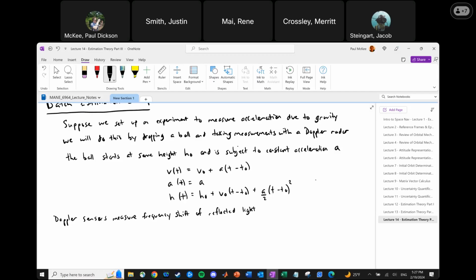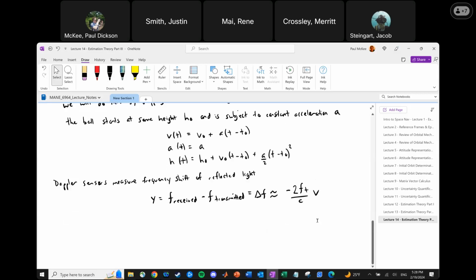So we're going to say that our measurement looks like y is equal to f received minus f transmitted, which we're just going to call delta f, which is approximately equal to -2 times the transmission frequency divided by the speed of light times the velocity. That's going to be our measurement model, right?